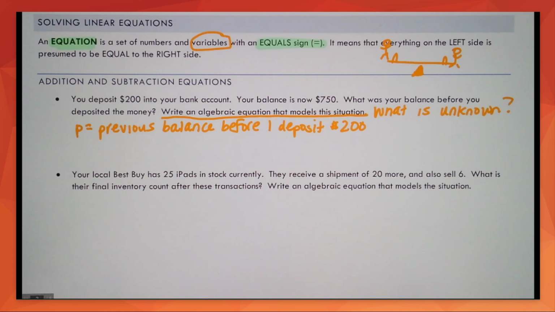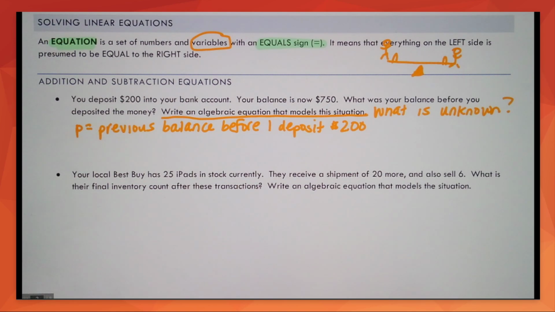You're probably going to see hundreds and hundreds of problems like this, and you're just going to breeze through them because you have so much practice after you get through these problems. But for now, we're really going to slow it down and break it apart. So we're going to use the letter P to stand for the previous balance before I put in that $200 into my account.